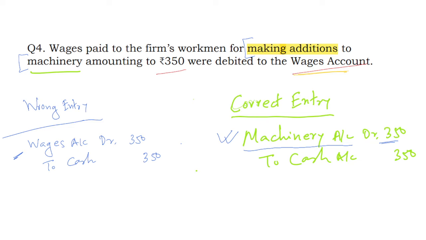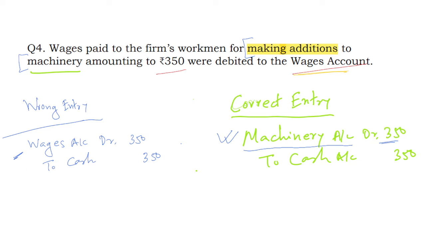So here it is said making additions. Suppose in your computer system you repair and add some other devices also, then it can be considered as an asset. So in this case we have considered this as an asset, capital expenditure.